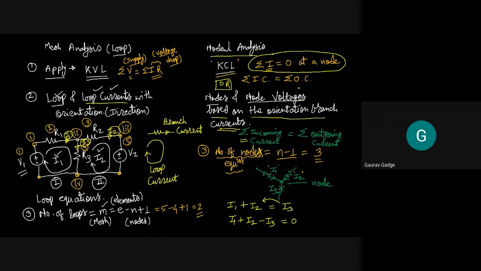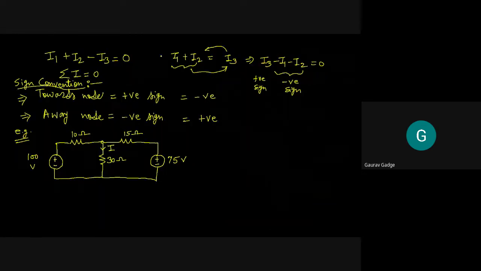That is, summation of incoming current is equal to summation of outgoing current. Rearrangement of the terms gives me I1 plus I2 minus I3. That gives me the sign convention understanding.